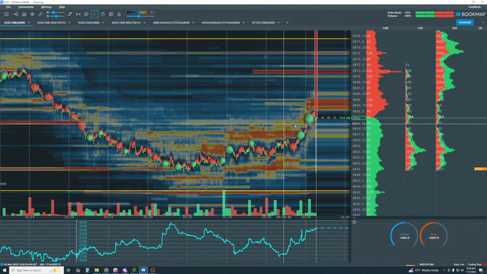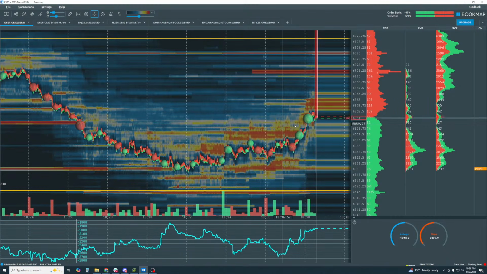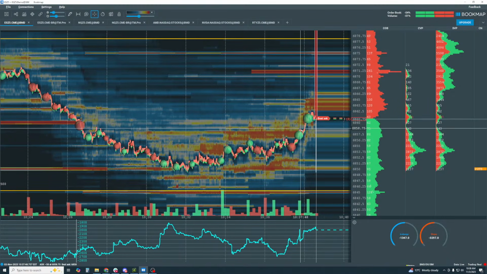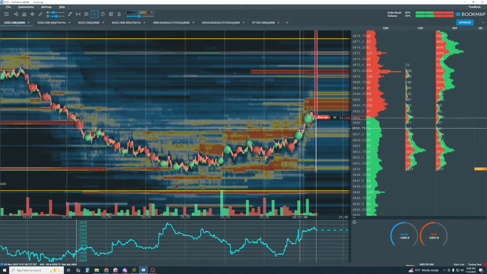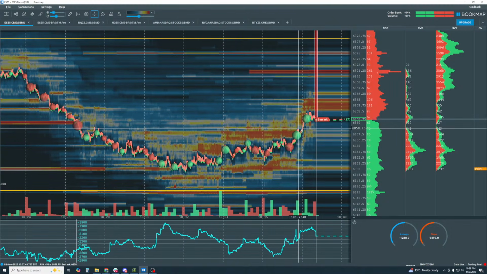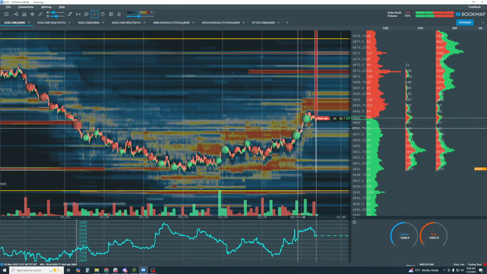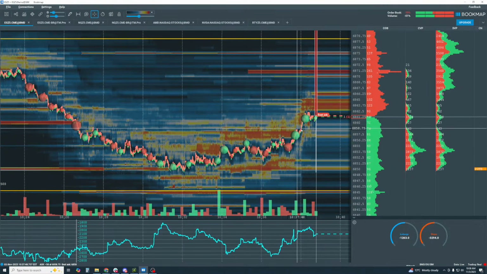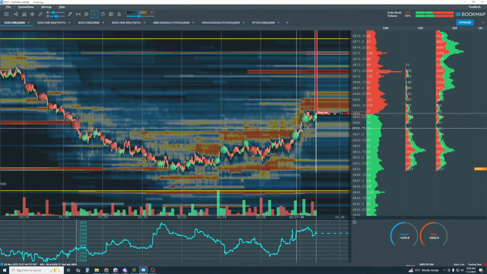But that's what we're here for. We're here to read the order flow, right? And we're here to do it in real time. Hindsight, yeah, we can go over it in hindsight, and we'll be right 100% of the time. We want to test these in the live market.